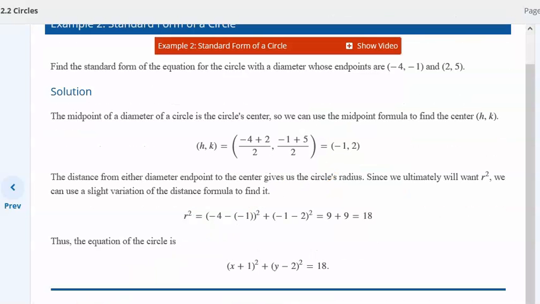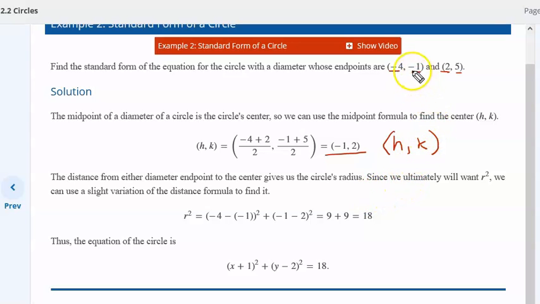So for example 2 now, we have our values for x, a -4 plus 2 divided by 2. Our y values, a -1 and a 5 divided by 2, give us the midpoint of our circle. Remember, this is going to be our h, comma, k in the standard formula.